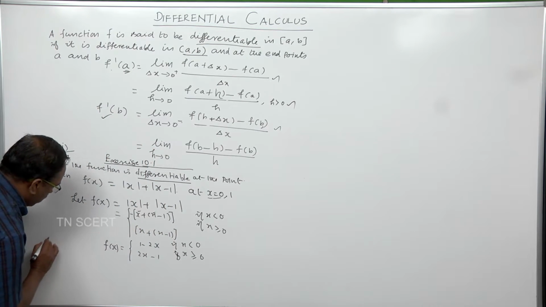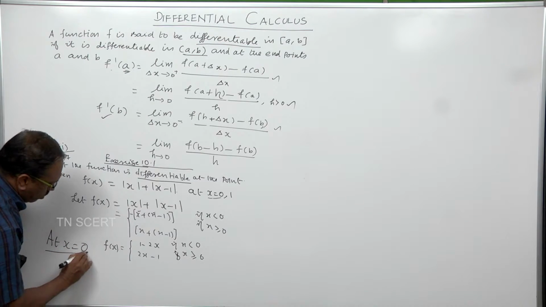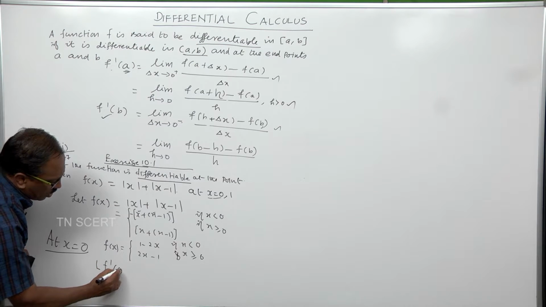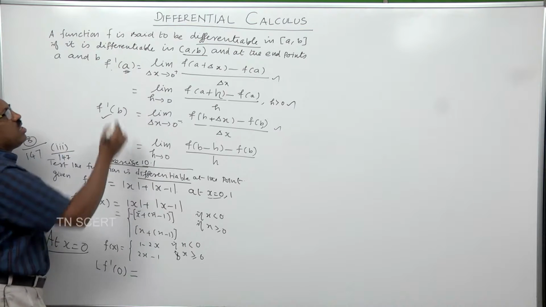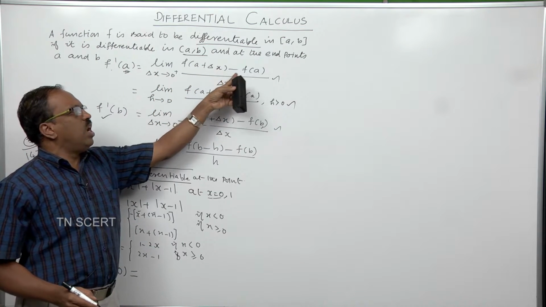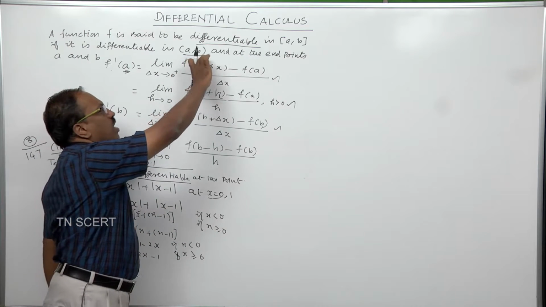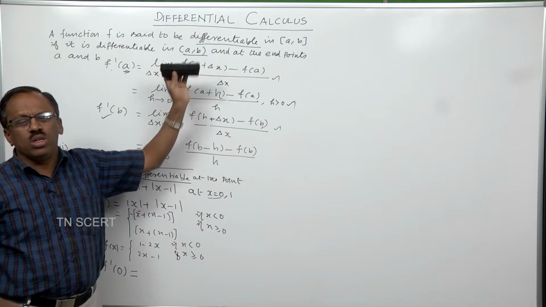Now, at x equal to 0, that means L of f dash of 0. According to the definition, limit of f of a plus del x minus f of a, divided by del x. Why am I sticking to the definition?